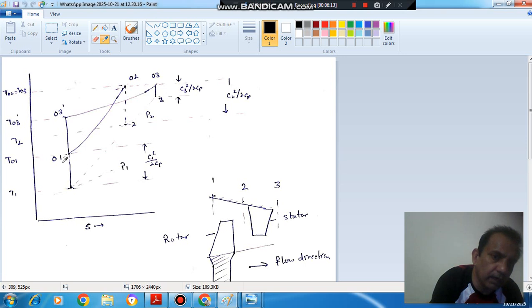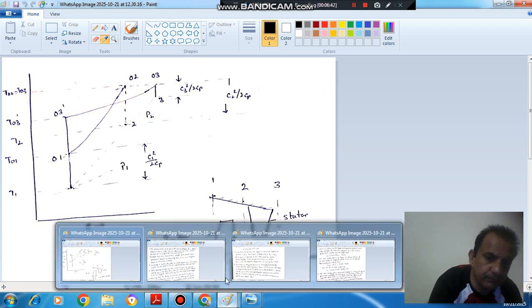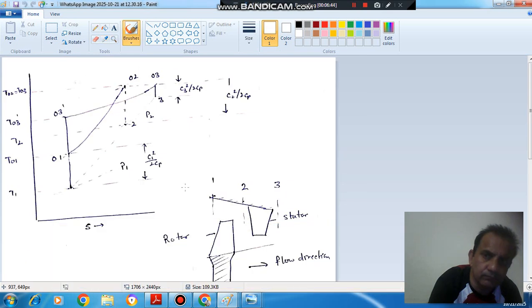So, ideally, the stagnation pressure rise would be more if we consider isentropic process, but we are getting here the stagnation pressure rise P02 minus P01, and there is loss in this part also. That loss is your P02 minus P03. So this is the explanation of this diagram.